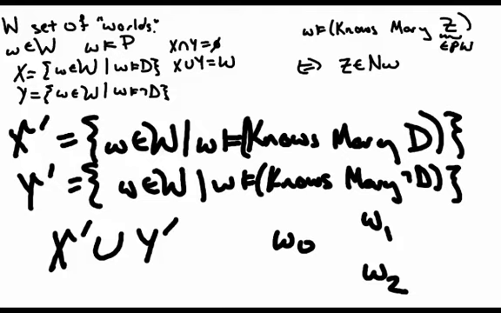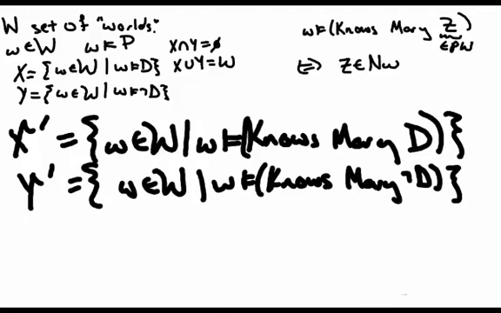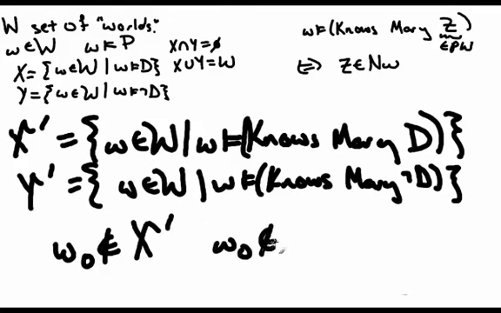W0 is either a member of X or a member of Y. But that doesn't mean that W0 has to be a member of X prime or Y prime. So, in fact, I can choose the worlds and the interpretation so that W0 is neither, even though W1 is in X prime and W2 is in Y prime.